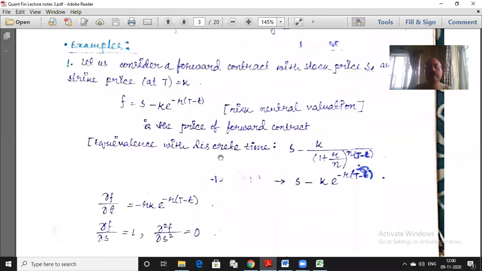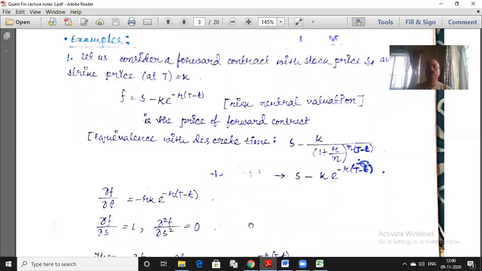But if I were to formally use the Black-Scholes setup for this equation, then I can quickly check whether the Black-Scholes analysis is consistent with our first principle analysis. So for this forward contract, our F function is exactly like this, S minus K discounted.